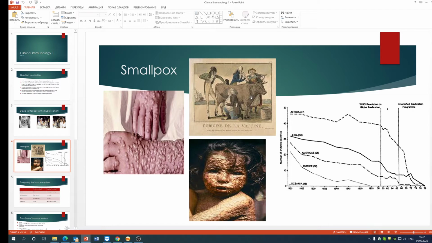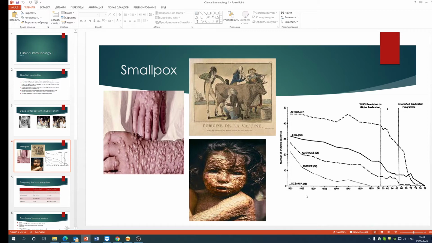Edward Jenner questioned why they don't get smallpox. He took crusted lesions from a cowpox individual and injected a young boy with it, and it turned out the boy was protected from disease, and the smallpox vaccine was generated.